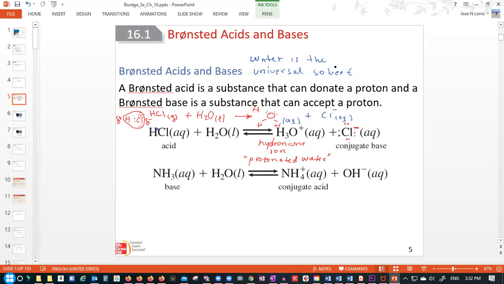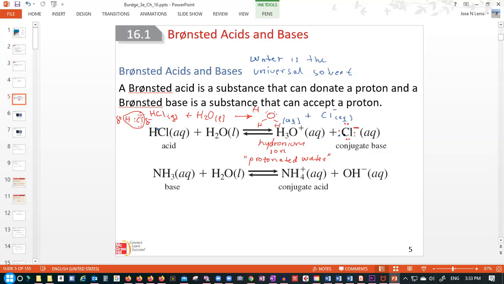Here, we can classify, according to Bronsted-Lowry, the acid because it's donating a proton to water, to form the hydronium ion and the Cl minus ion.